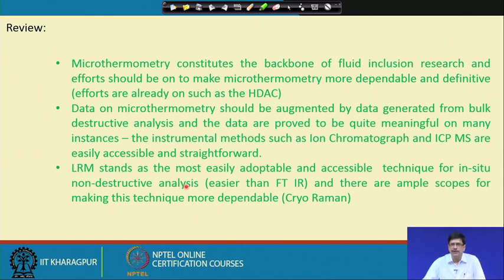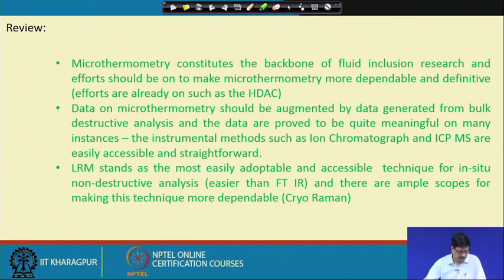That is the reason why the problems of decrepitation of inclusions and so on, we have not been able to overcome. But then recently there has been a development of a particular kind of hot stage, which is basically the hydrothermal diamond anvil apparatus.